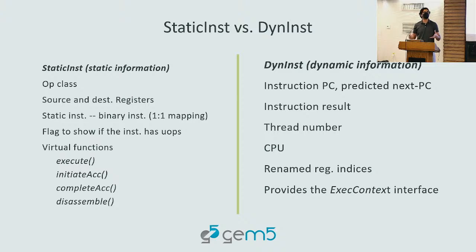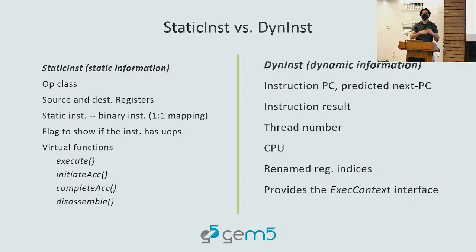The information it might have is the program counter, and the next program counter if it is predicted once you start running that instruction. The result of the instruction, which you might need in some cases. If you have multiple threads, then the thread number and the CPU it's executed on.